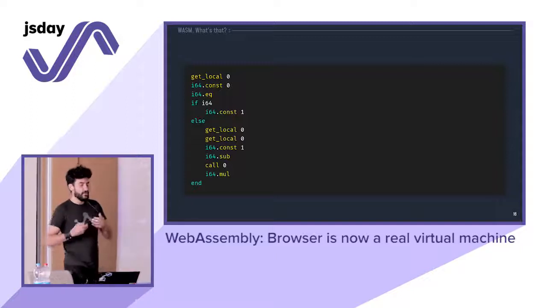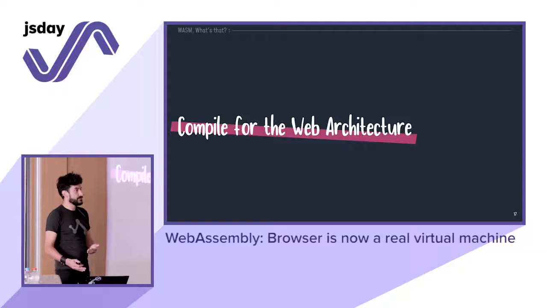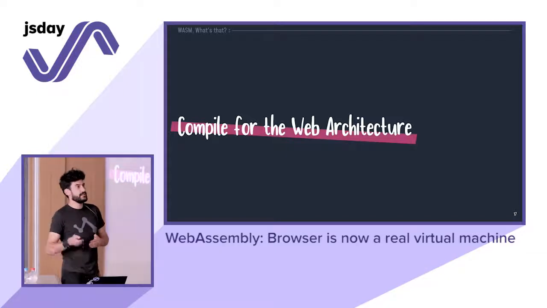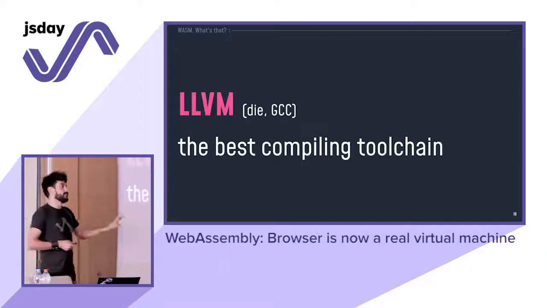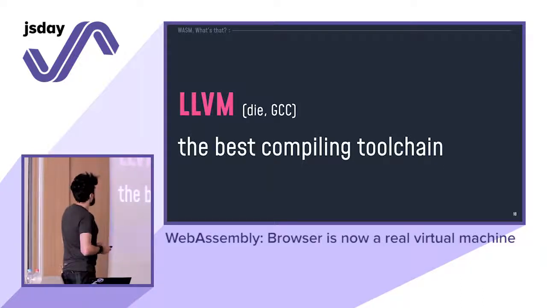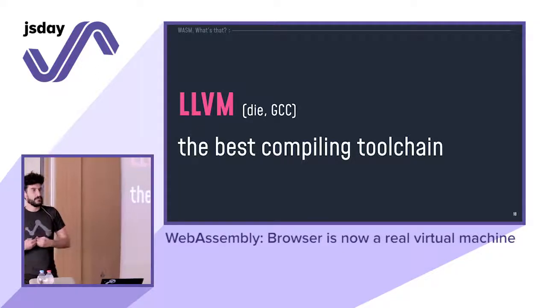So we need something more powerful. We need to compile for the web architecture. And this is the design of WebAssembly. We start with LLVM, because GCC must die. And this is probably one of the best compiling toolchains available right now.